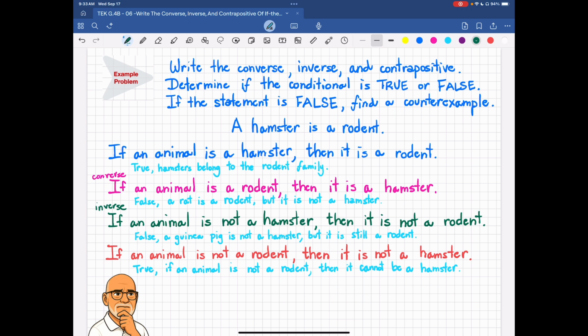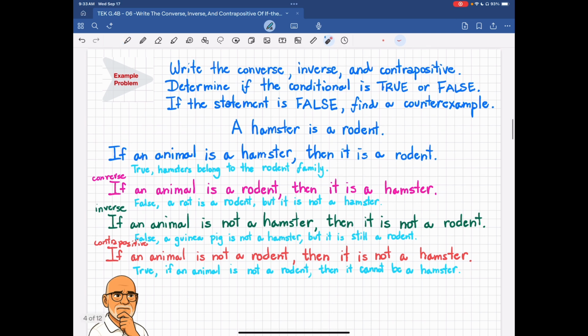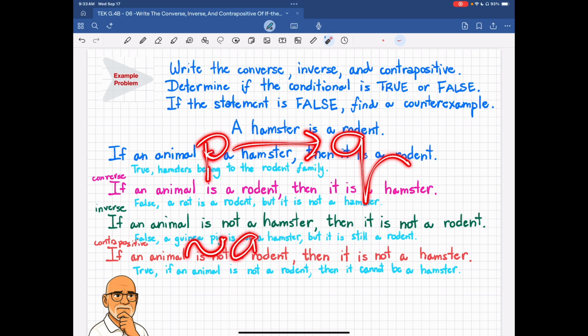Now, our last conversion is to a contrapositive. The way we make a contrapositive is we take that initial conditional statement, if P then Q, and we negate the conclusion, and then we negate the hypothesis.